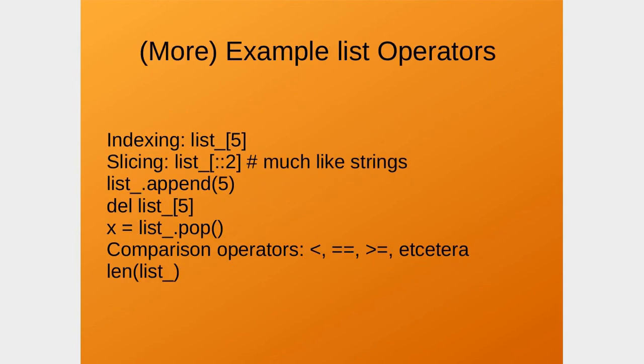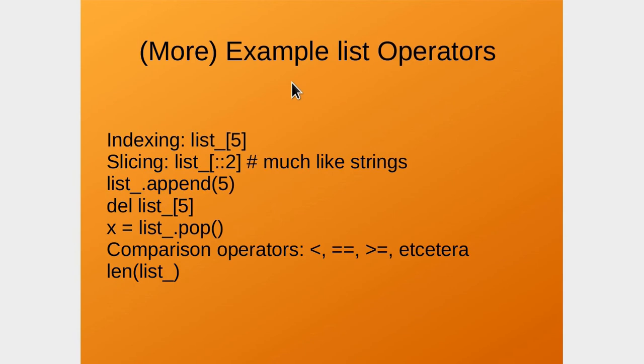Here are some more list operators. You can index them. This will get the fifth element of the list underscore. You can slice them. List of : 2 will give you every other element of a list, much like strings. And we already talked about appending.